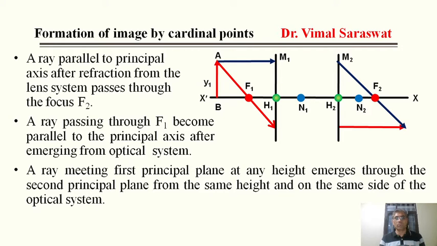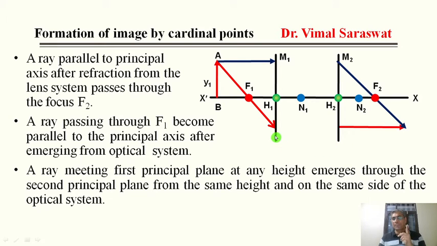Now, the third rule: a ray meeting the first principal plane at any height emerges through the second principal plane at the same height and on the same side of the optical system. So, M1H1 and M2H2 are our principal planes.